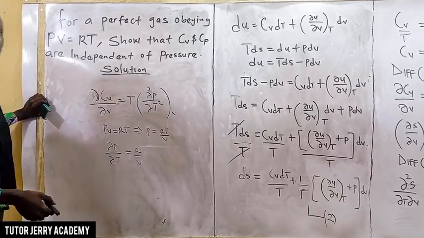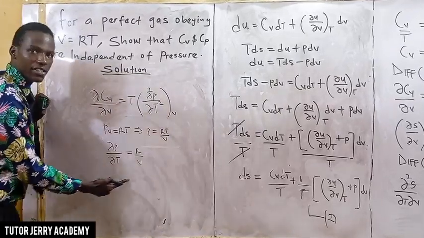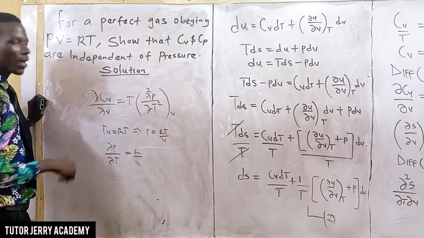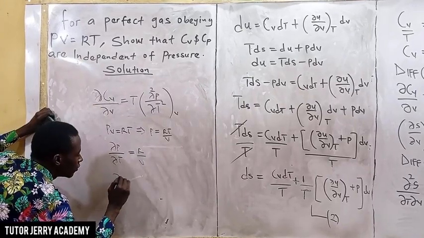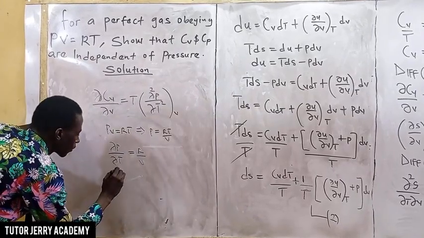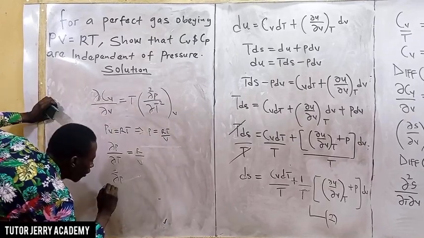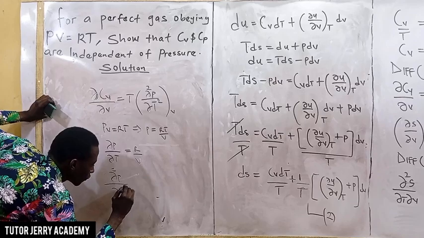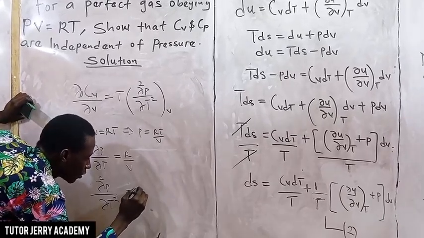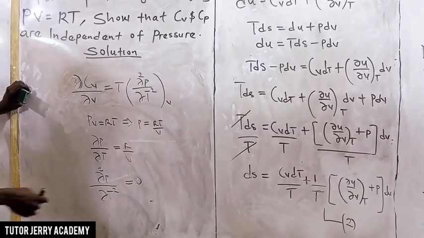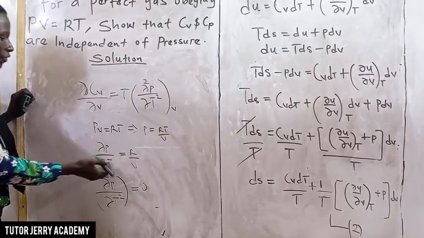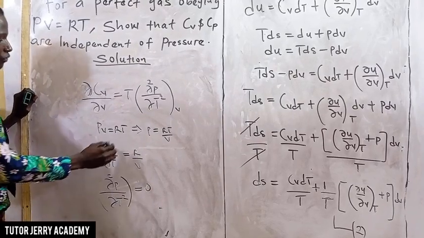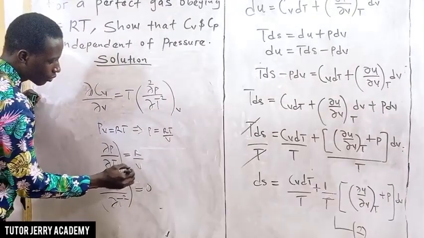To be equal to R over V, we can differentiate this equation again with respect to t. If we do that, we are going to have the second partial derivative of p over the partial derivative of t squared equal to 0. But don't forget, when we are differentiating, we are keeping v, which is our volume, constant.